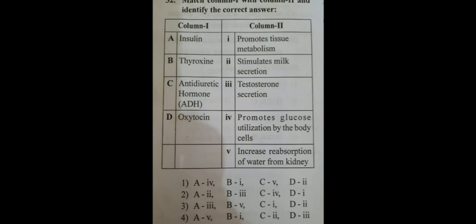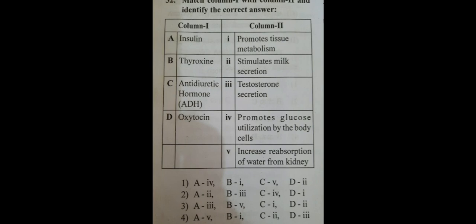Match column 1 with column 2. Column 1 is hormones. Column 2 is the function. Insulin promotes glucose utilization by the body cells. So first option is the right answer by looking at the first.